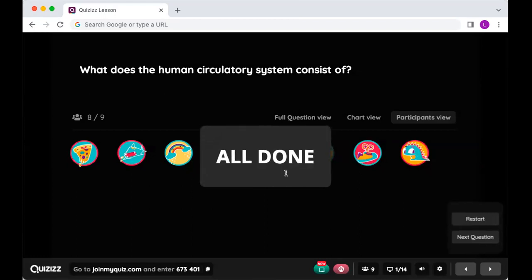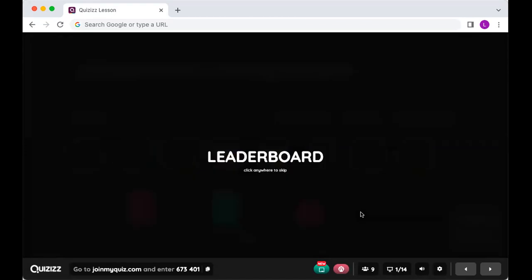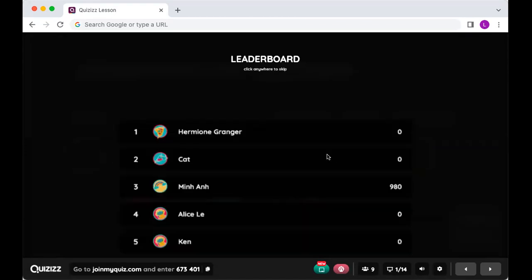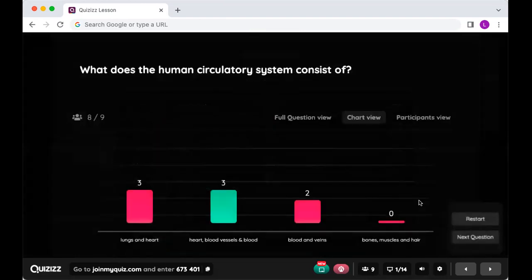All done. So did you get the correct answer? Okay, only 3% got it correct. The correct answer is, the human circulatory system consists of a heart, blood vessels, and blood. All right, next question.